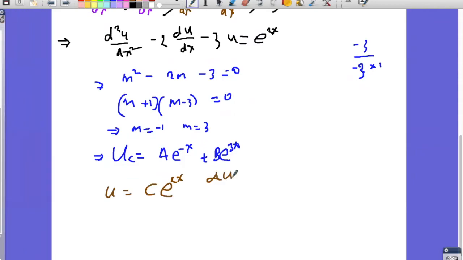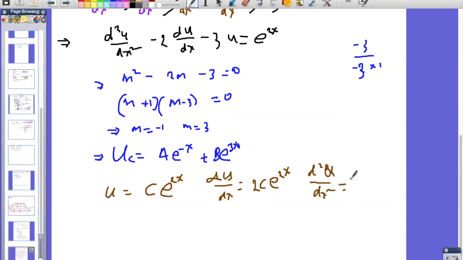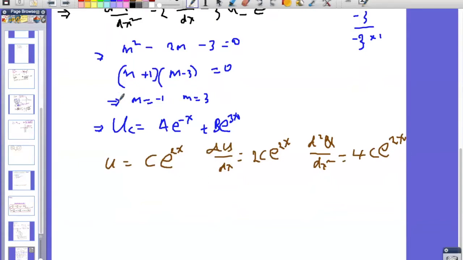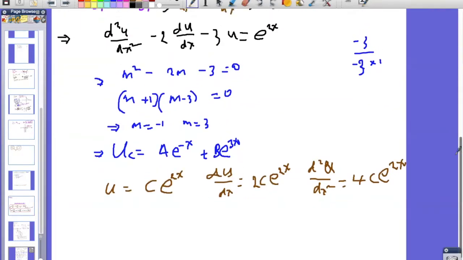Then du/dx will be 2c e raised to the power 2x, and d squared u on dx squared will be 4c e raised to the power 2x. I know you can all solve this one. I'm just doing it for fun, not because I want to show you how to do that.